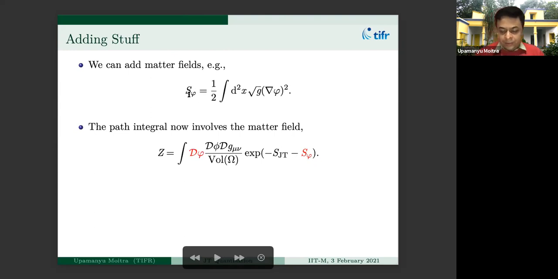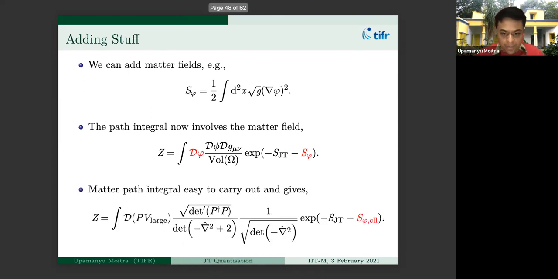The matter path integral is easy to carry out, and it gives a determinant to the power of one over square root.